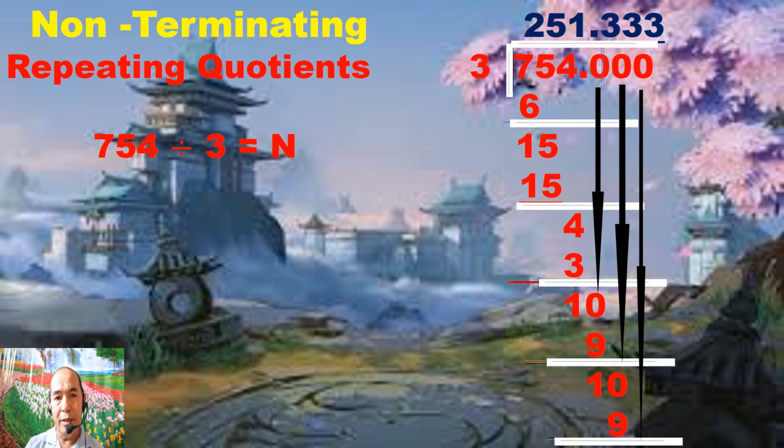Therefore, it is a non-terminating. At the same time, it is a repeating quotient because digits 3 will always be repeated all the way down. No ending part. So this is the relationship between non-terminating and repeating quotient.